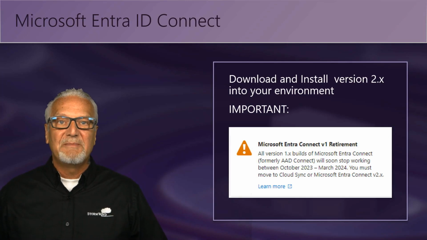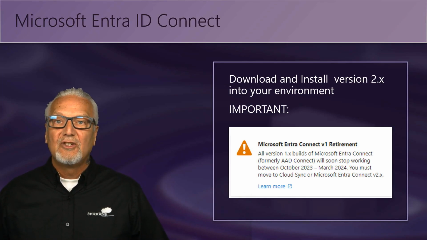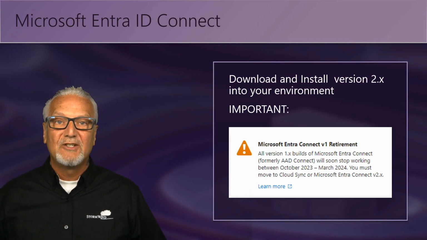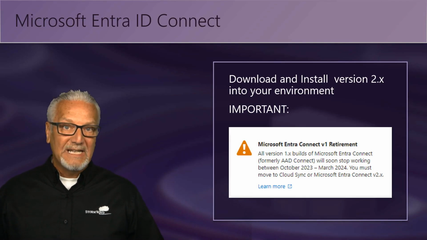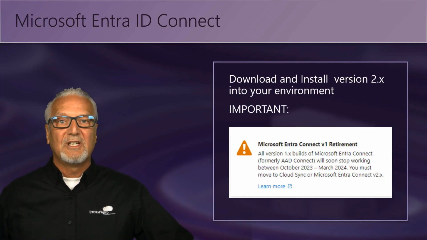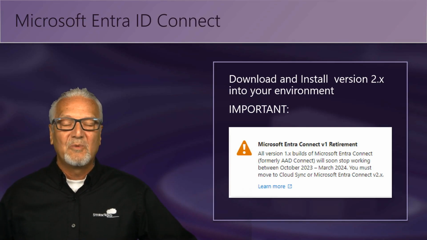Microsoft put out a notice to make sure if you have version 1.x installed to download and install version 2.x. They made major updates to the product, and there's a chance that if you have an older version of the product that's in the 1.x version, you may run into errors that are not obvious what you're dealing with.